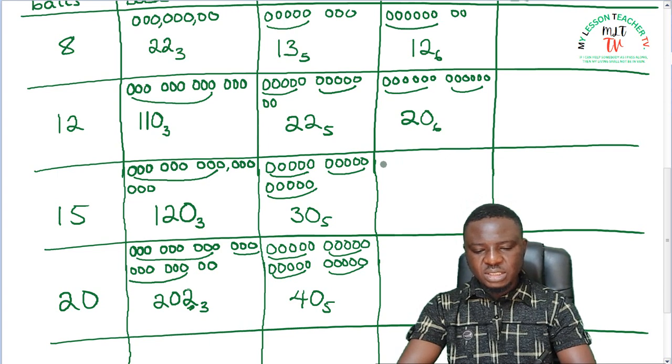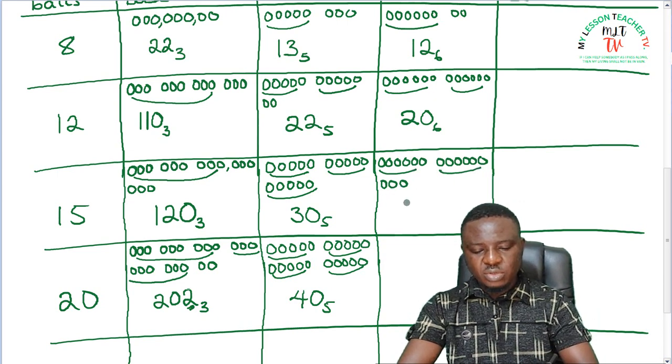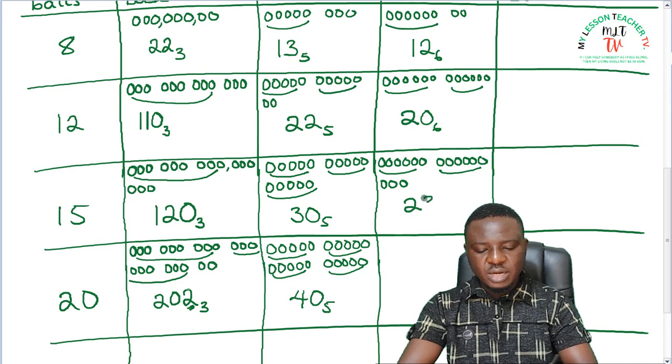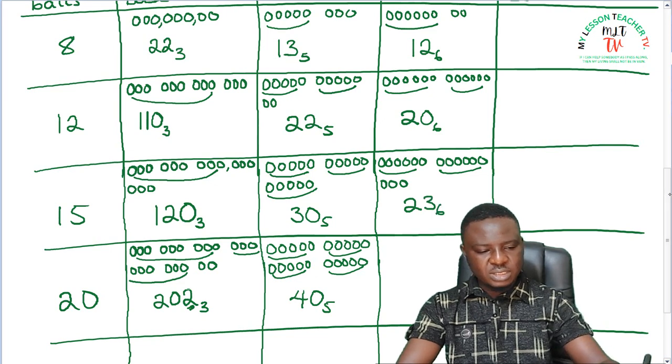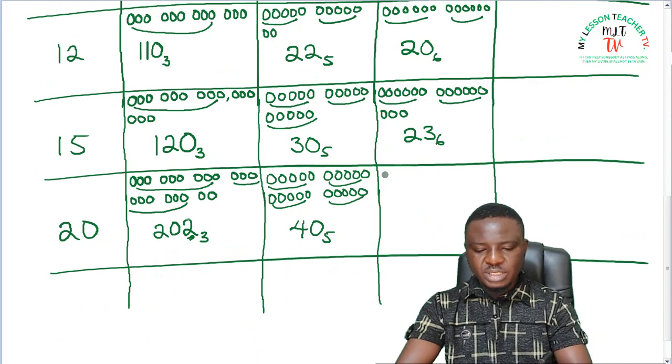15 in base 6 can be said to be 1, 2, 3, 4, 5, 6, 7, 8, 9, 10, 11, 12, 13, 14, 15. We now have two groups of 6, remainder 3. So this becomes two groups of 6, remainder 3, all in base 6. 20, we also group it in 6.